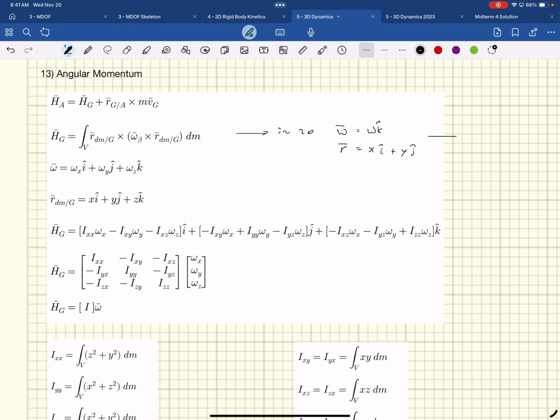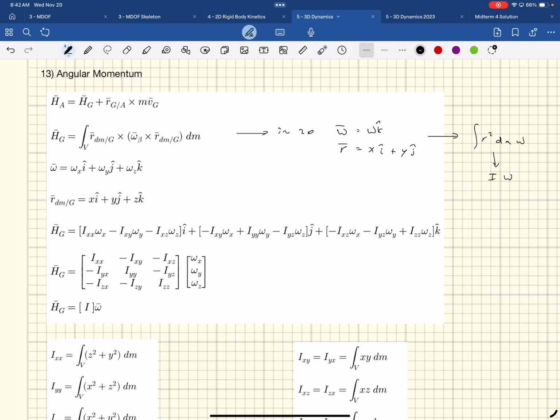When you carried this out, this is where we got the integral of r squared dm times omega, where this just became I. Just to refresh your memory, when we constrained it to 2D, r was just in the x and the y direction, and omega was only in the k direction. It simplified down to r squared dm, which is our moment of inertia, times omega. This is what we used to solve that problem in the last homework: I times omega was the angular momentum. But now this is a problem.